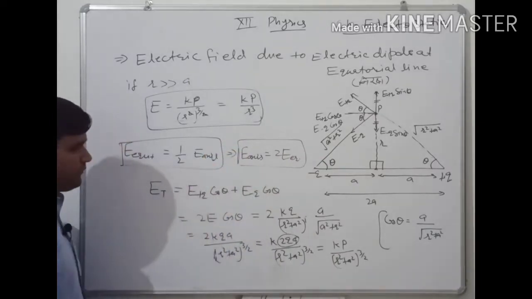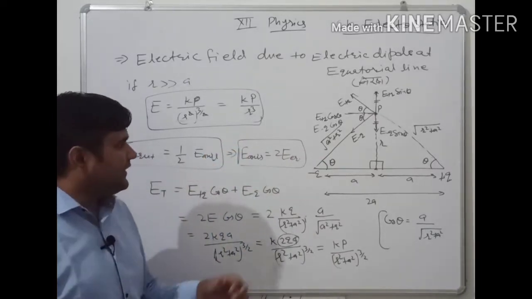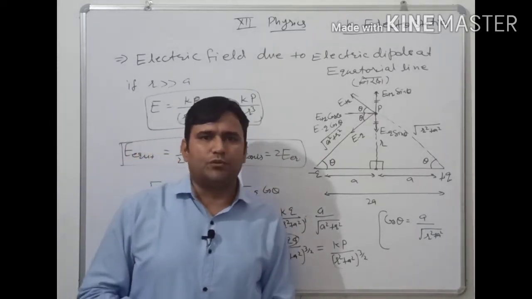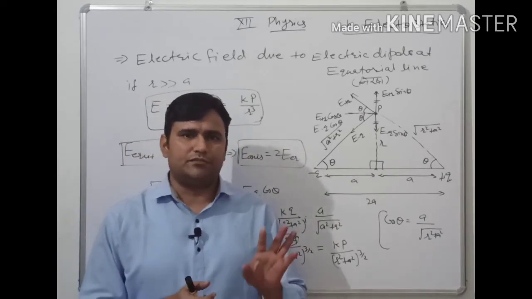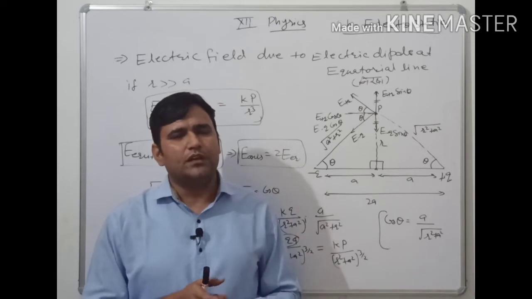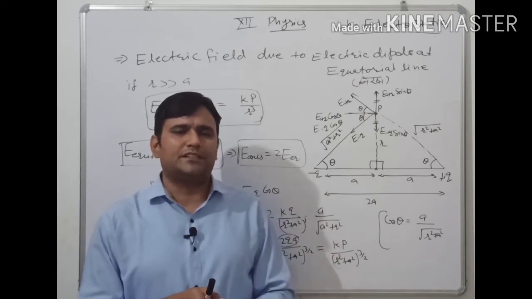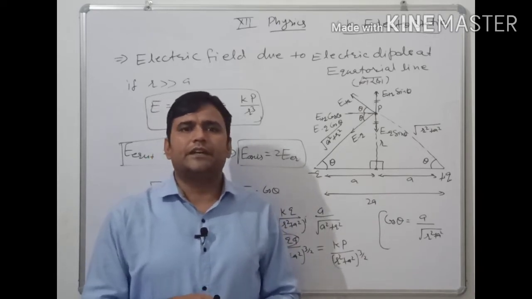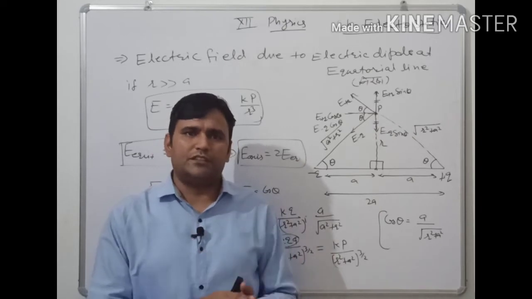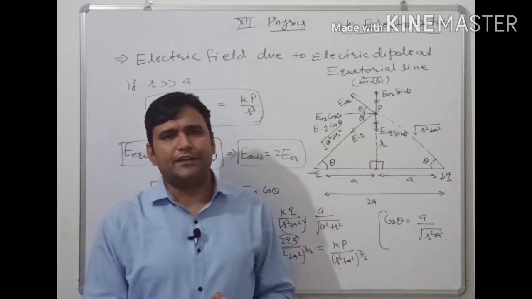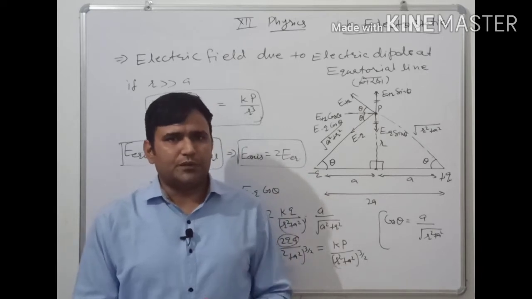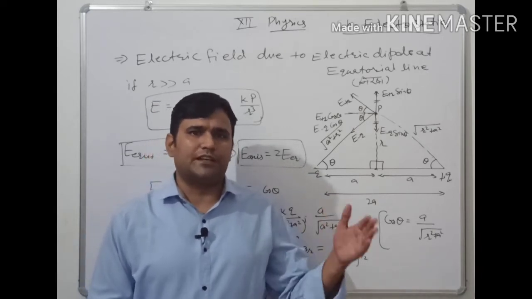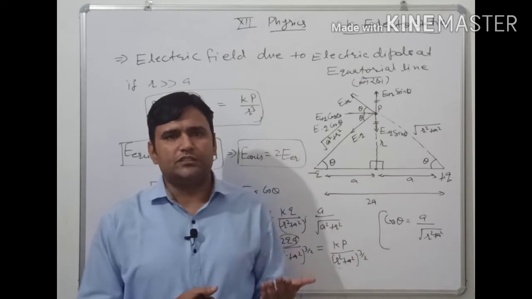It means when we are calculating the electric field due to an electric dipole, we calculate one formulation, whether it is with respect to the axial line or equatorial line, and the next formulation is obtained by dividing by 2 or multiplying by 2. Is it clear?